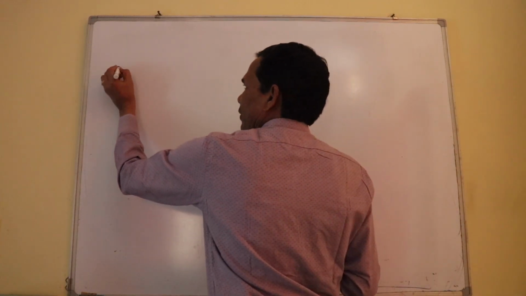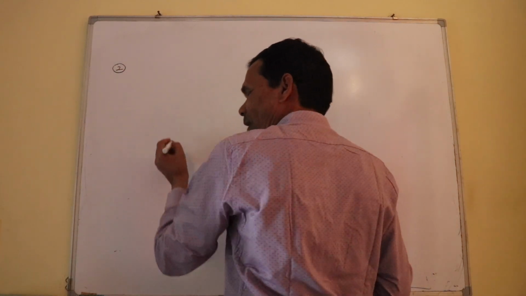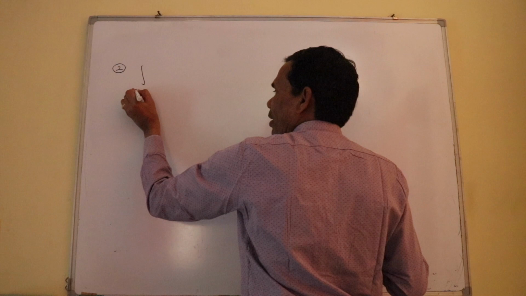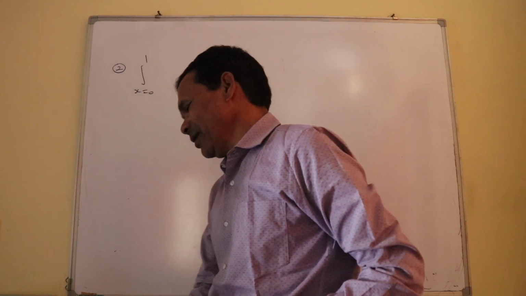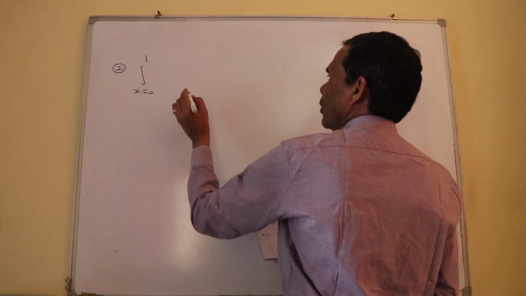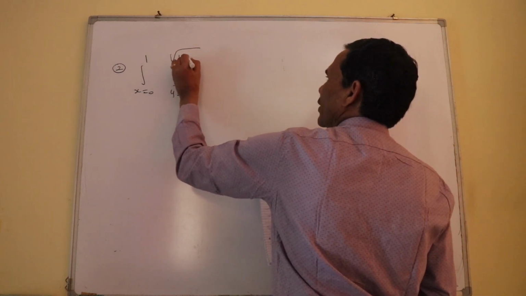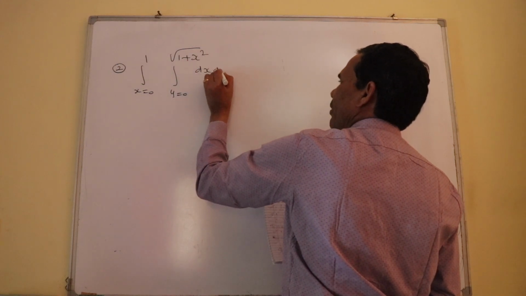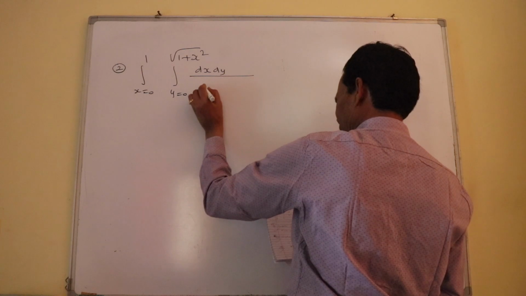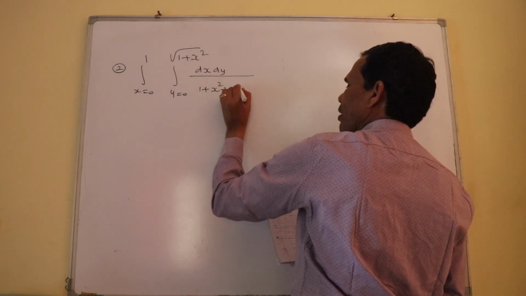So next is the second problem. Evaluate the integral x from 0 to 1, y from 0 to root of 1 plus x square, dx dy divided by 1 plus x square plus y square.